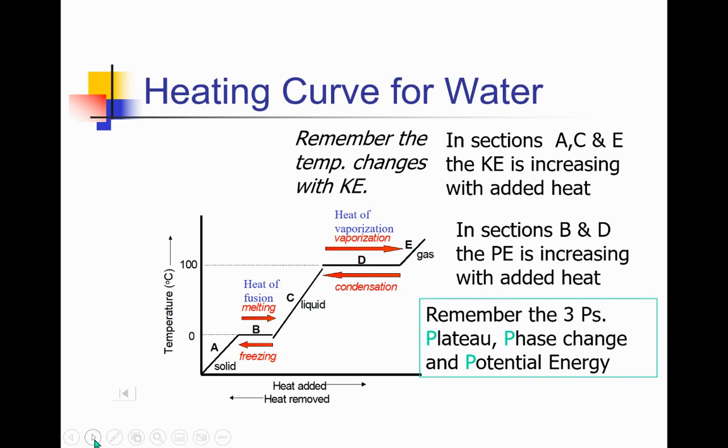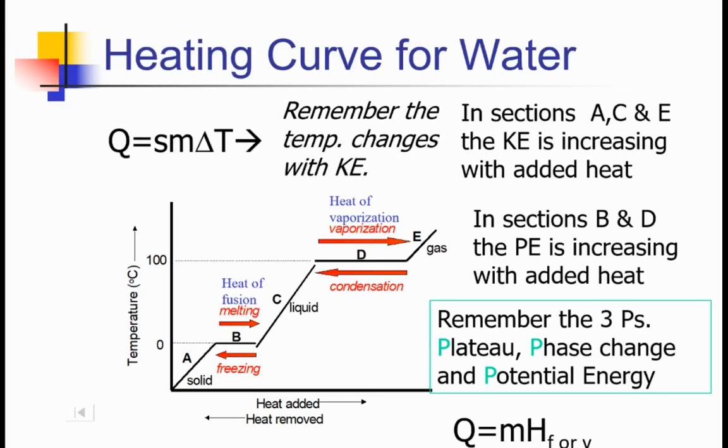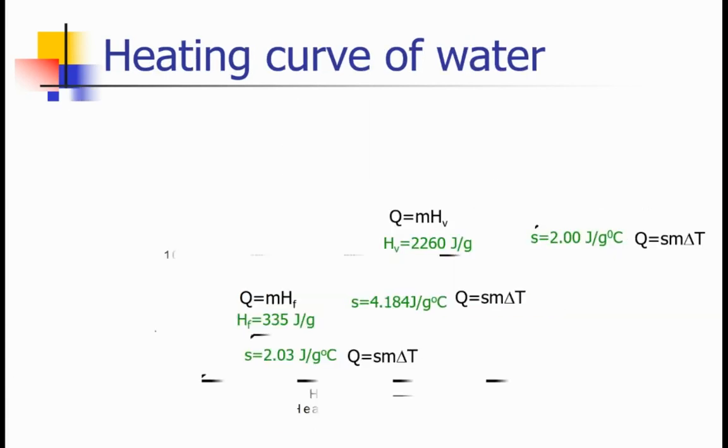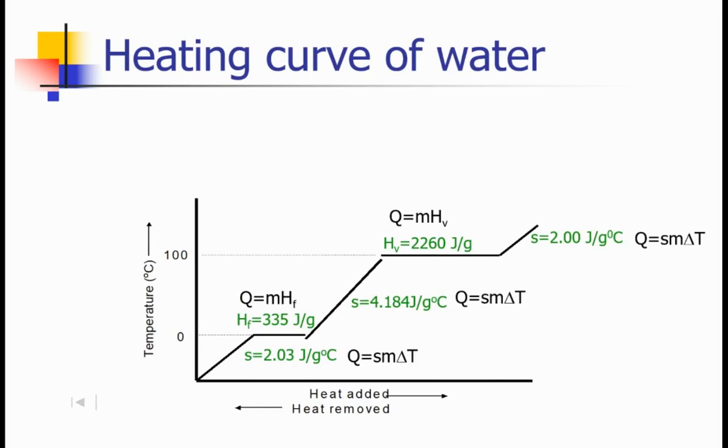So remember the 3 P's. At the plateaus, during the phase change, we're changing the potential energy. So on the slanted parts, you're going to use Q equals SmΔT. On the flat plateau parts, you're going to use Q equals MH. So each section has its own constant.